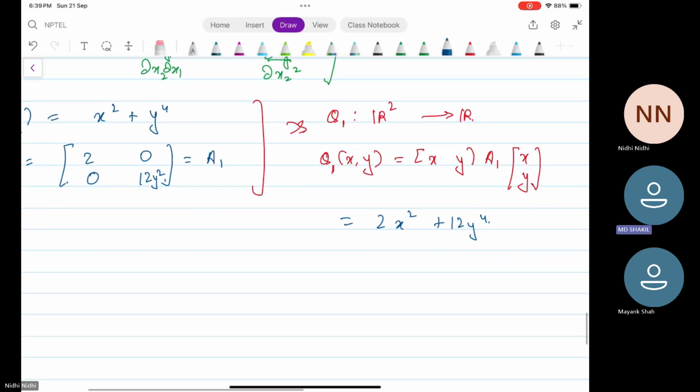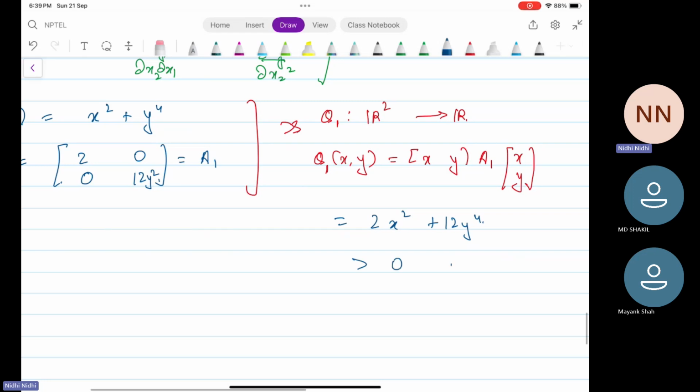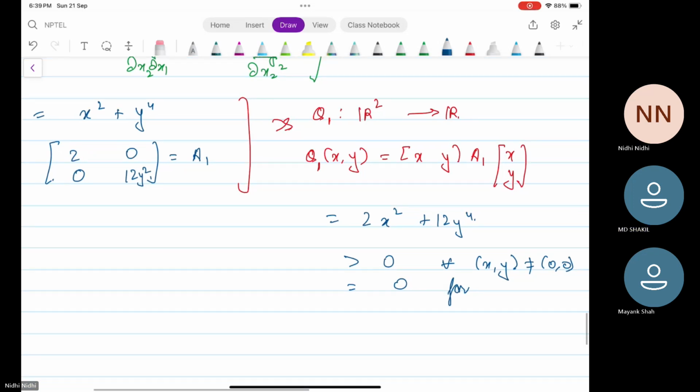Semi-definite means it can be 0 at other points as well, but when it is non-zero at every non-zero point, that means it is positive definite.